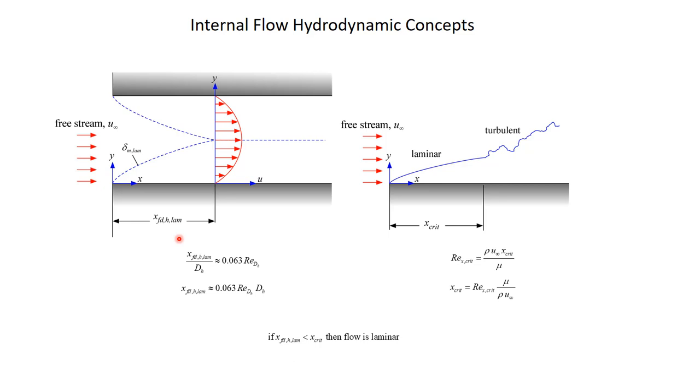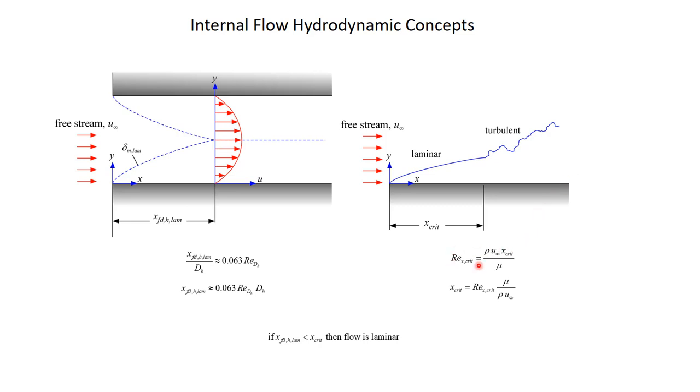Then if we go back to what we learned for external flow about turbulence, there is a critical Reynolds number, which we can define either based on the boundary layer thickness or here based on the position. There's a critical Reynolds number at which the flow is likely to transition from laminar to turbulent, provided the boundary layer can continue to grow without bound.